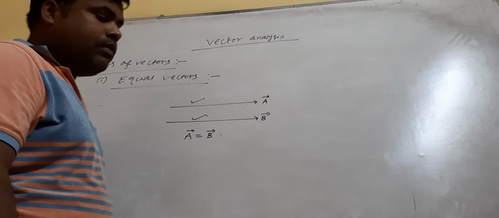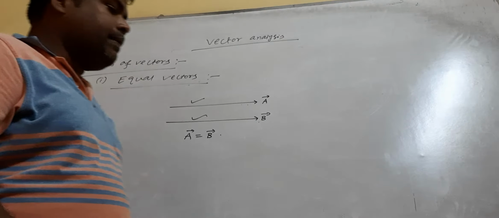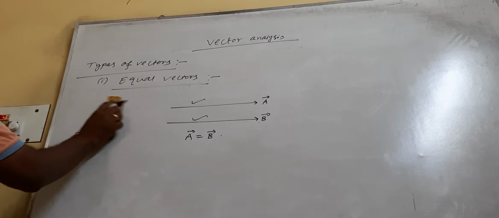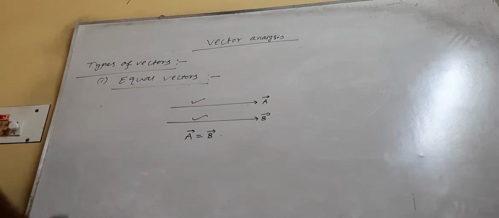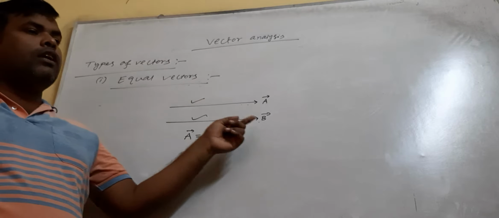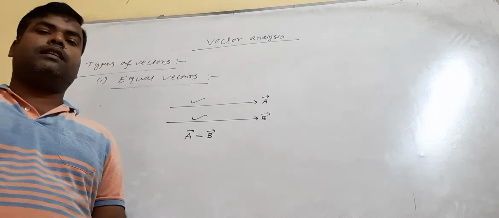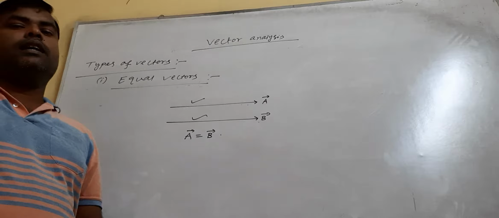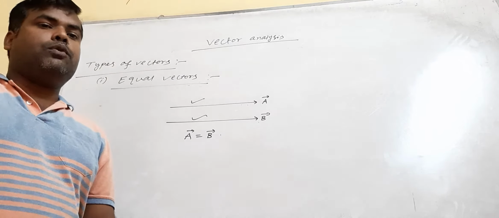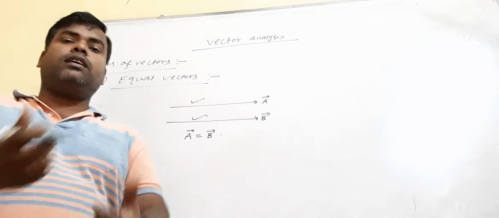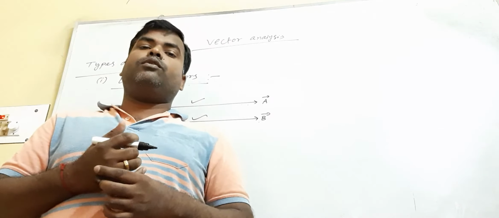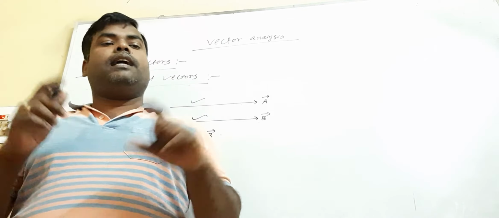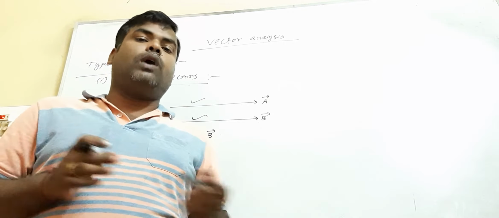So now come to negative vector. You remember, if two vectors are acting along same direction, then the angle between A vector and B vector is 0 degree. If two vectors are acting along opposite directions, then the angle between A vector and B vector is 180 degree.